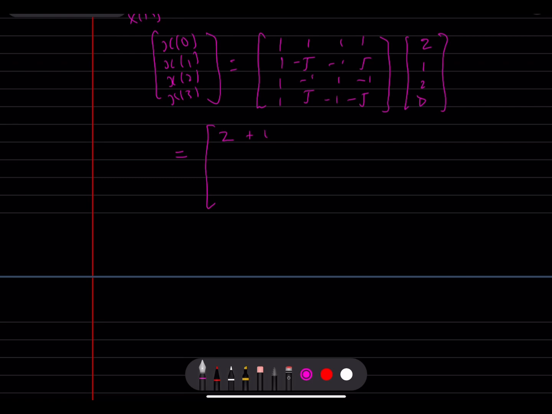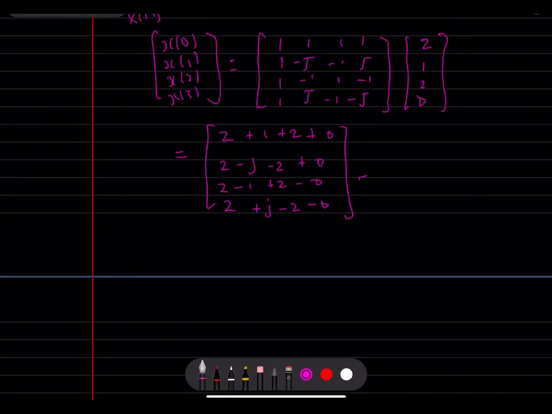And then the final answer that you're supposed to get, you can compute directly on your calculator, but I would like to expand it: 2 plus 1 plus 2 plus 0, then 2 minus j minus 2 plus 0, then 2 minus 1 plus 2 minus 0, and the last one is 2 plus j minus 2 minus 0.